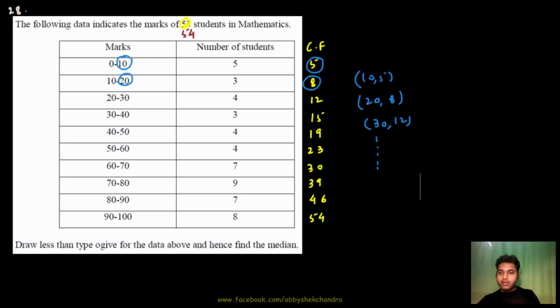And then let's find what is n here. N here is 54, so n by 2 will be 27, right? So let's plot the ogive, and then at y equal to 27 we'll draw a horizontal line, we'll see where it intersects the ogive, and then we'll drop a perpendicular down to find the value on the x-axis. That will be the median.